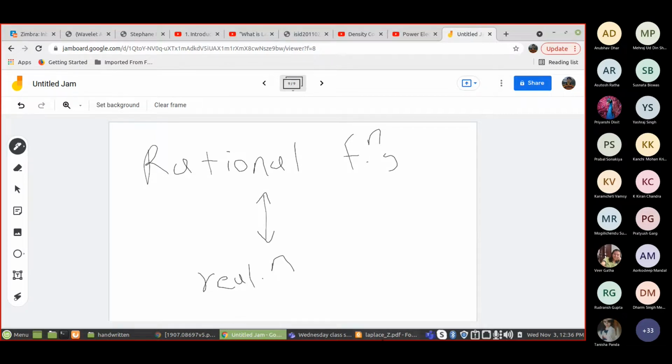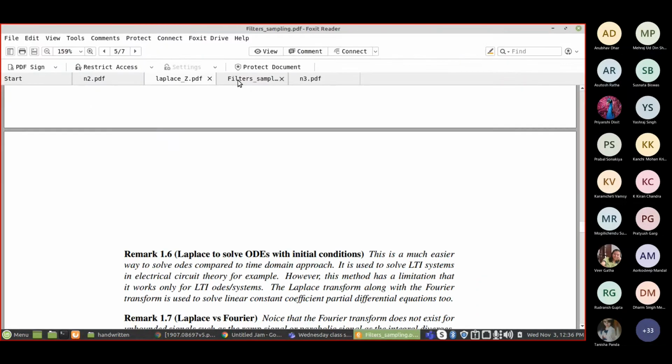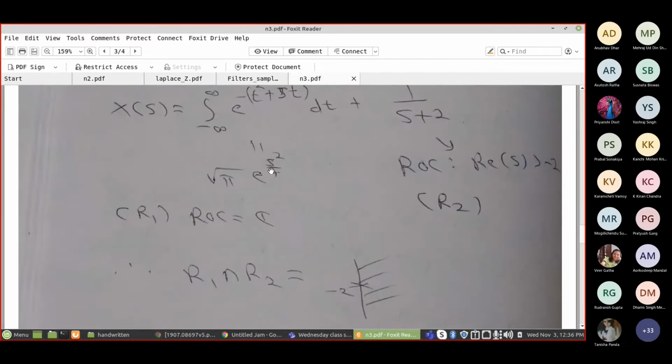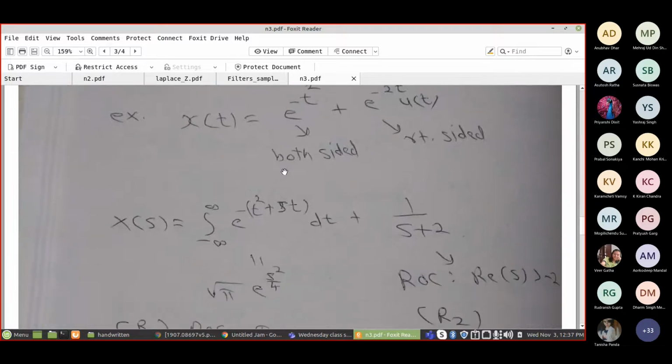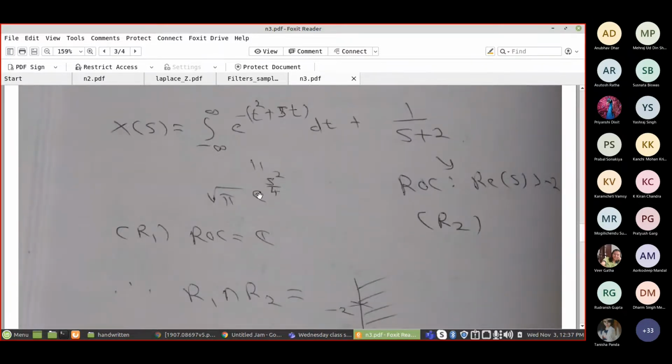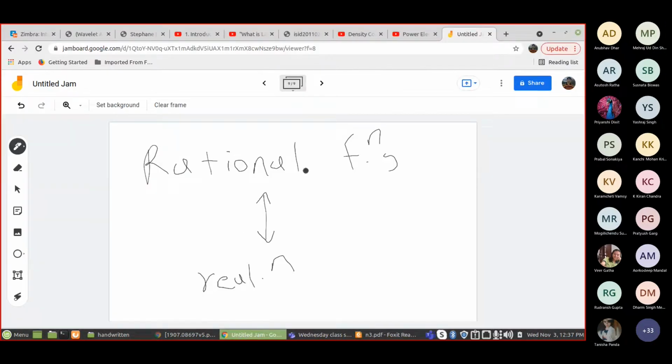We had seen examples of non-rational transfer functions, this one for example. Mathematically it makes sense to have this kind of quantities, but physically you cannot build a system which has this transfer function. This is not a rational transfer function, so that is consistent. That's why we stick with transfer functions of this kind, because they are realizable in practice.